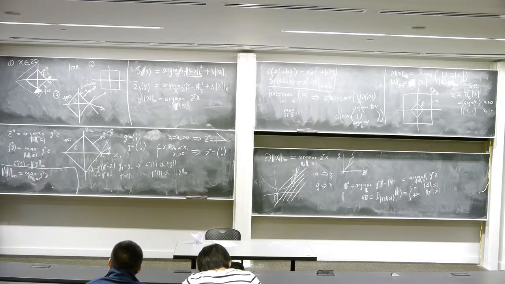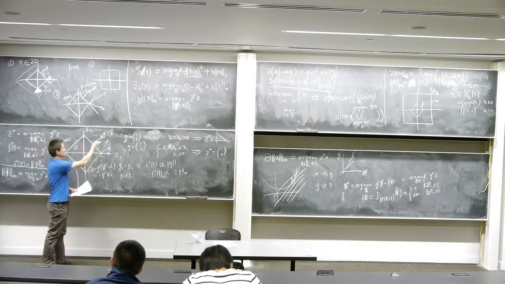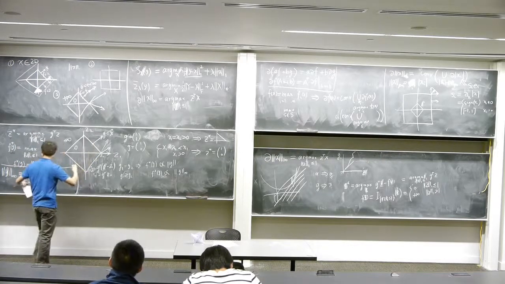For a given G, like minus 3, 5, you want to find what maximizes it in the L1 ball. That's what I did. I found, for a given G, what maximizes it in the L1 ball.